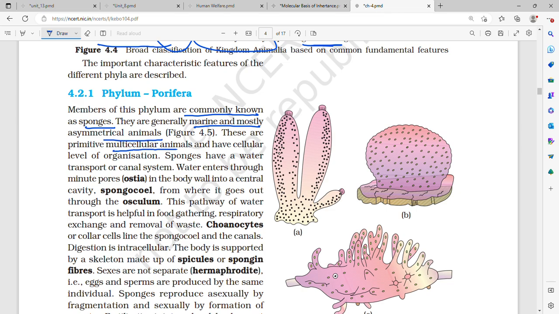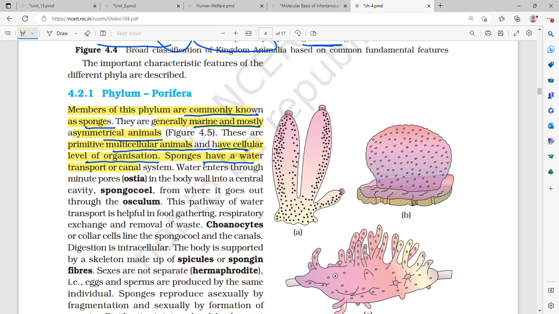They are primitive multicellular animals and they have cellular level of organization, that is, loose cell aggregates.